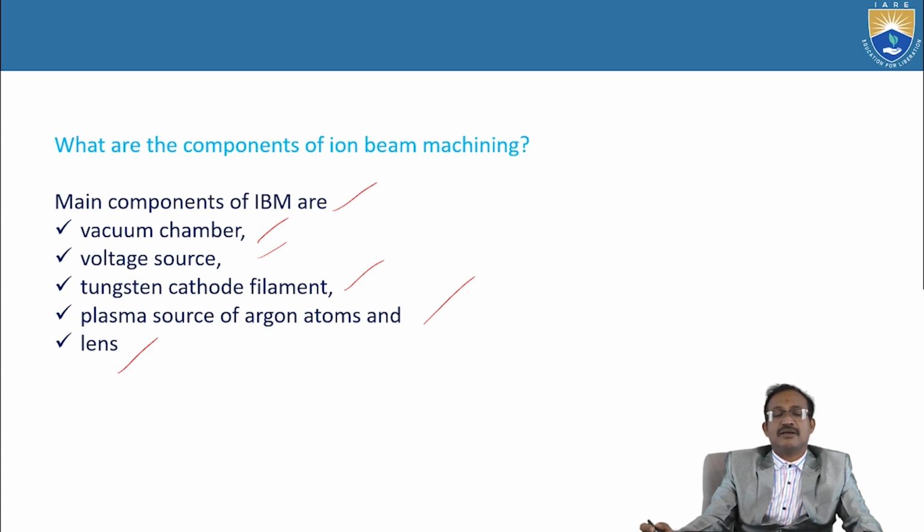Now let me reiterate: vacuum chamber, voltage source, tungsten cathode filament, plasma source of argon atoms, and lens. These are the main components of ion beam machining.